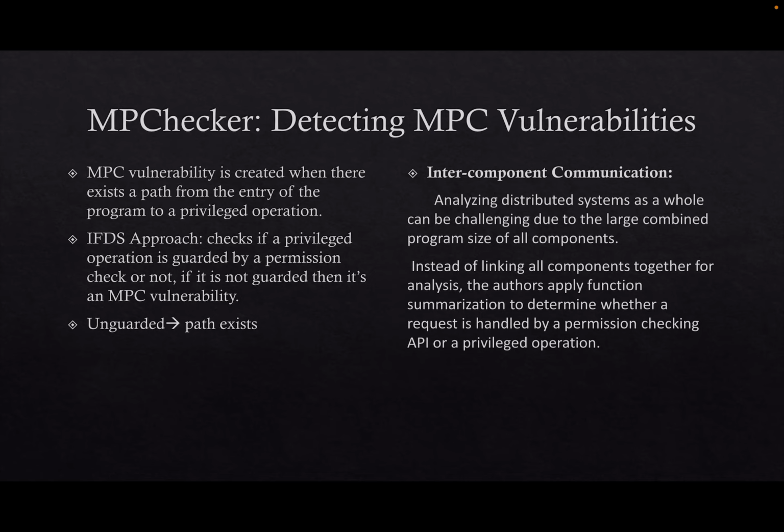By treating requests as direct calls to their handlers, different components of the system can be connected and analyzed in a standard manner. Also, instead of linking all components together for analysis, the authors apply function summarization to determine whether a request is handled by a permission checking API or a privileged operation.